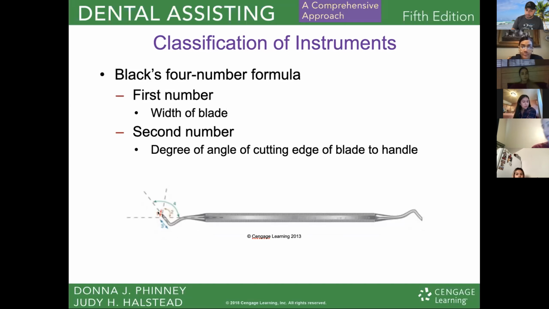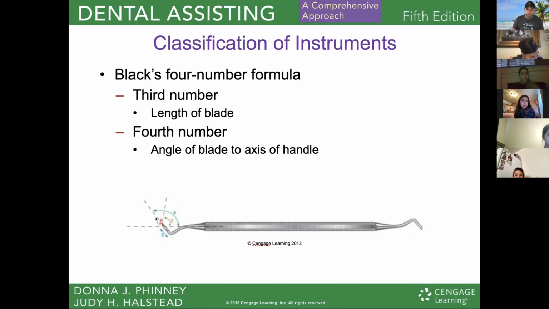It's really hard to tell in this picture, but that blade has kind of a diagonal angle, and that angle in relation to the handle is the second number. The fourth number is just going to be the angle of the blade, or the blade ends, to the axis of the handle. So you can see that difference there between angle number 2 and angle number 4.